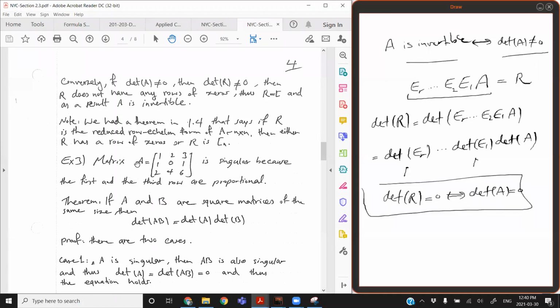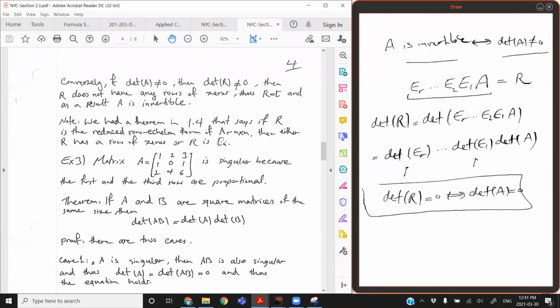So here we are using a theorem that we mentioned before. I just mentioned it right now. We had a theorem in 1.4 that says if R is the reduced row echelon form of an n by n matrix, then either R has a row of zeros, or if it doesn't have a row of zeros, then it's automatically I. And the reason for that is that if you have an n by n matrix, you reduce it to reduced row echelon form, and then you don't get any rows of zeros.